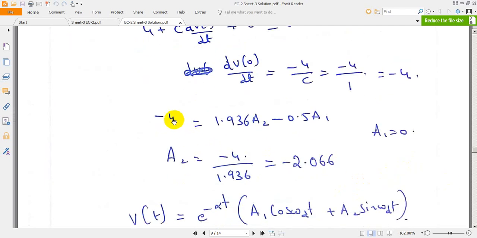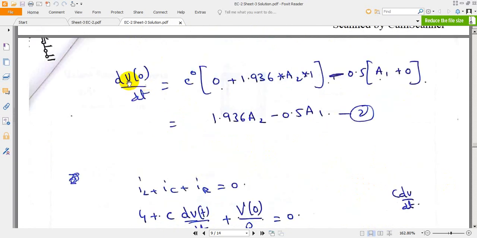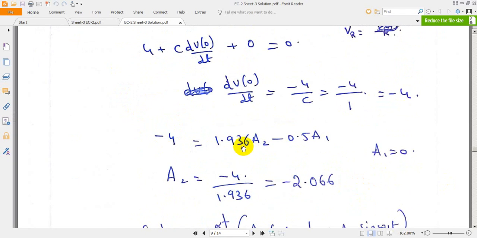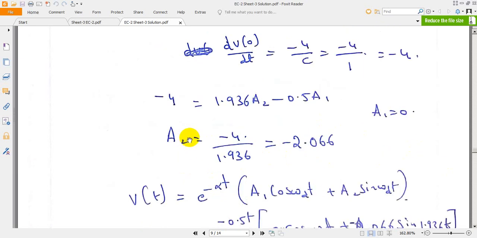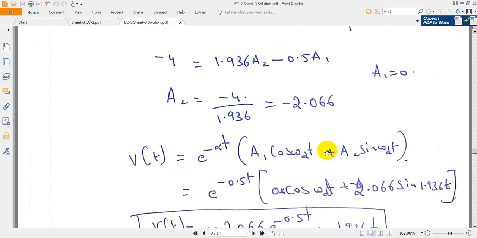Then substitute this value in this equation: dV naught by dt is equal to minus 4. So you will get minus 4 is equal to 1.936 a2 minus 0.5 a1. Then substitute a1 is equal to 0, you will get a2 is equal to minus 4 divided by 1.936, so a2 is equal to minus 2.066.